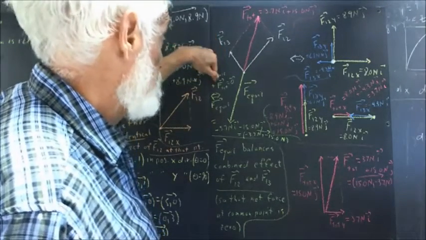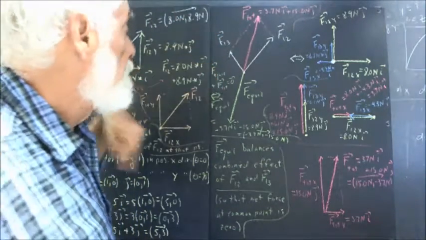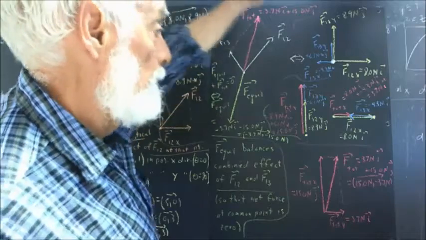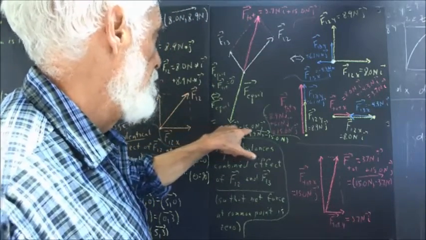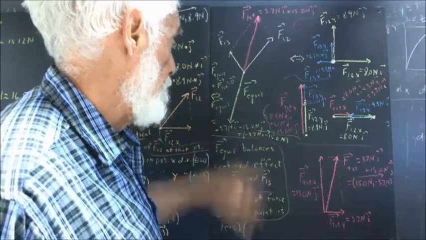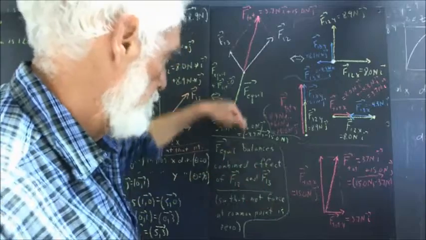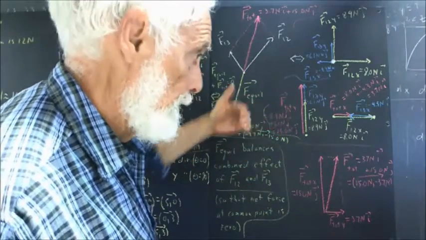F equilibrant and F total is going to have to add up to 0 force, which is equivalent to saying that F equilibrant is the negative of F total, which will be then negative 3.7 newtons times I minus 15.0 newtons times J. And that could be written in ordered pair form. I crammed that in here. Negative 3.7 newtons, negative 15.0 newtons with an arrow over it.